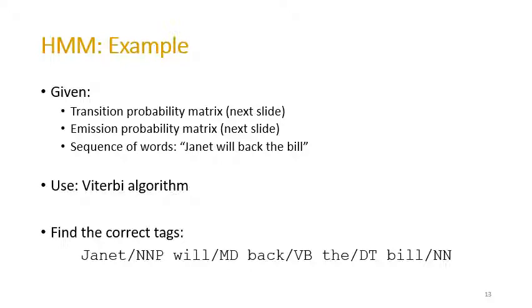For example, Janet is a proper noun, so we should find the correct tag for Janet, which is proper noun. Will is a modal, back is a verb in base form, the is a determiner, and bill is a common noun. So we try to find these tags.